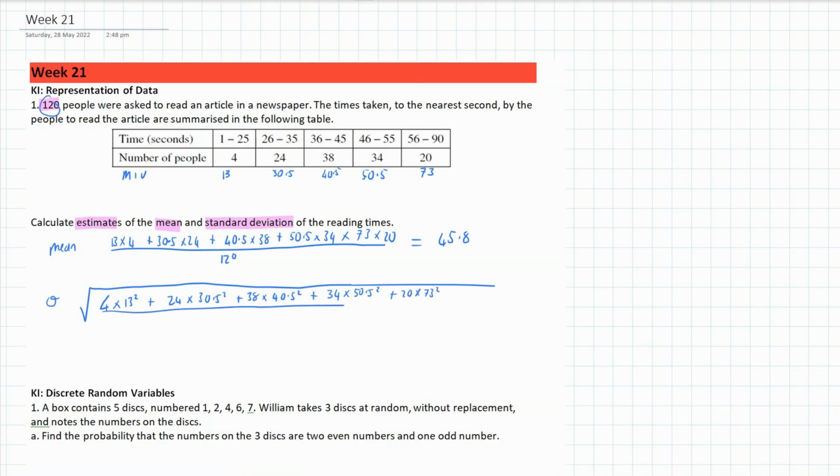I'm going to put that all over the 120 we have, and then subtract the mean, and I'll probably use my unrounded mean, squared. That will give us the standard deviation, which, when I worked it out, I got 14.9.